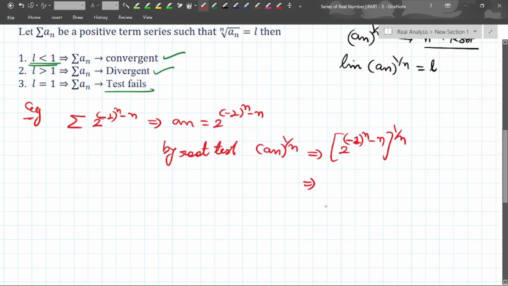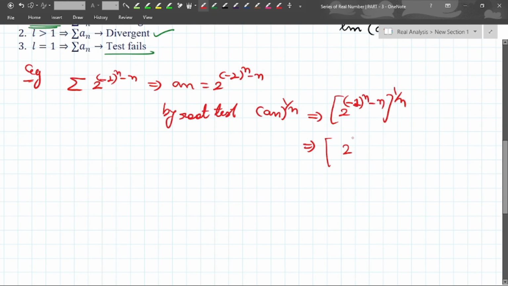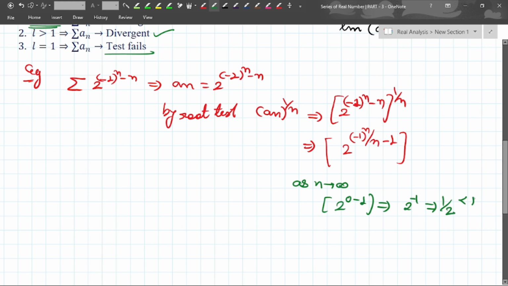Taking the limit as n tends to infinity, it becomes 2 to the power of 0 minus 1, which is 2 to the power of minus 1, and this is less than 1. It means the series is convergent.